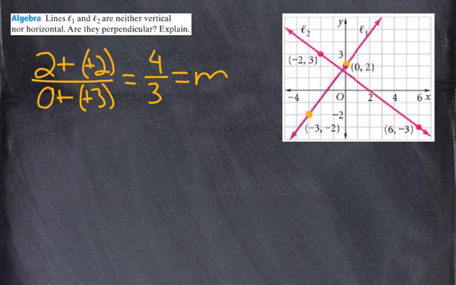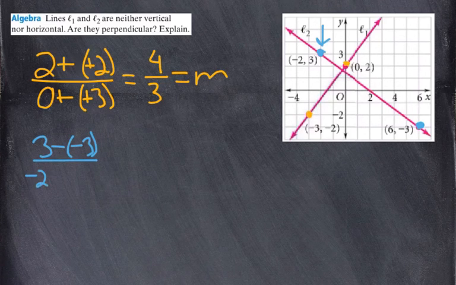Now let's go ahead and find the slope of L2. So again, it uses these 2 points right here. So I'll go with this point right here for my y2. Our y2 is 3 minus our y1, which is negative 3, over x2, which is negative 2, minus x1, which is 6.